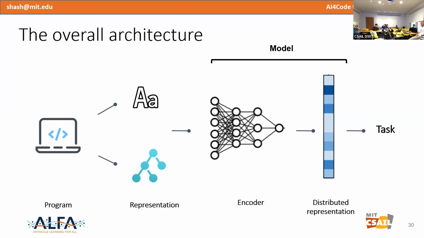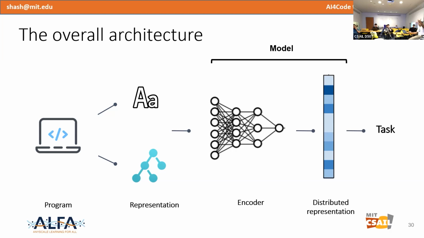And you have an encoder which builds on those representations. The encoder's job is to consume these tokens and form some distributed representation of what those tokens most likely mean in some space. And you use that distributed representation for some downstream task. So it could be vulnerability detection, predicting types, whatever. This is the general flow.